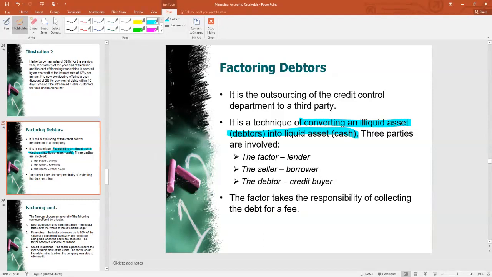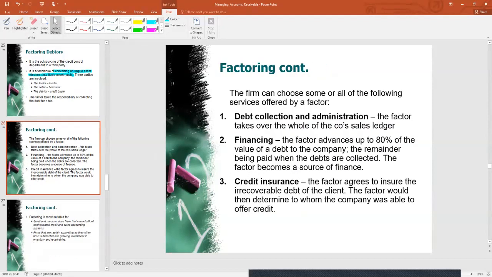The question remains, therefore, is it worthwhile or not worthwhile for us to take up the offer? As I mentioned, it goes back to you as a company evaluating what will be the financial impact of us taking this offer. What is going to be the financial cost and the benefits? Do the benefits outweigh the cost, or does the cost outweigh the benefits? So we have to determine the cost through a cost benefit analysis, to determine whether factoring is worthwhile for the company.